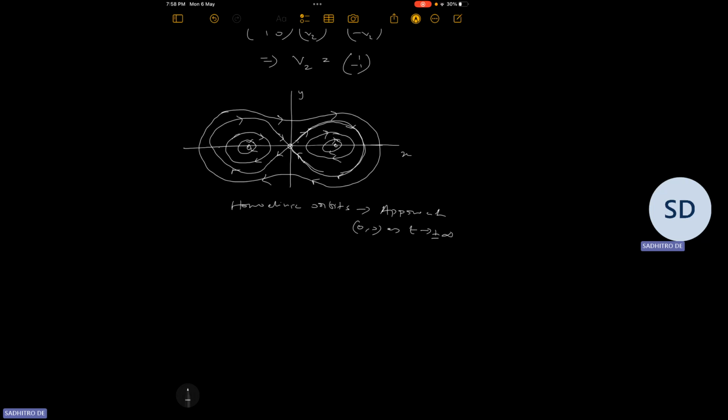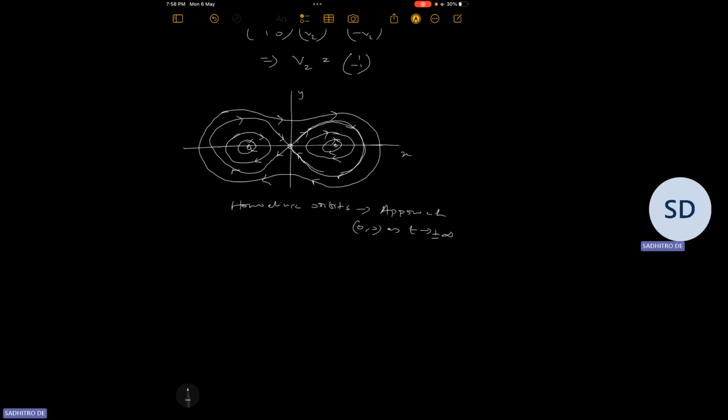Note that it does not correspond to a periodic solution because the trajectory takes infinite time in trying to reach the fixed point, because of the critical slowing down towards the fixed point. And such homoclinic orbits are quite common in conservative systems, but in dissipative systems they are very rare.